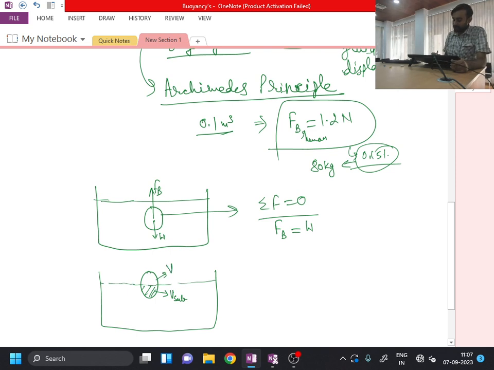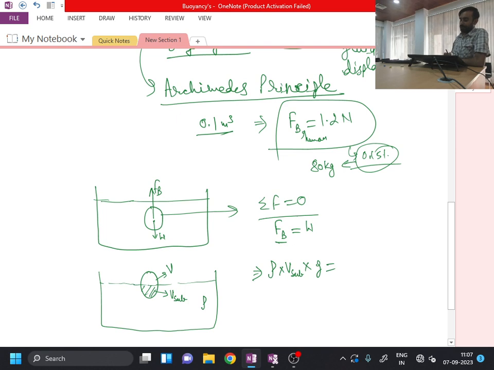Okay, so now if I talk about the buoyancy force, because buoyancy force is equal to the weight of the liquid displaced, it will be density of the liquid rho times submerged volume times g.